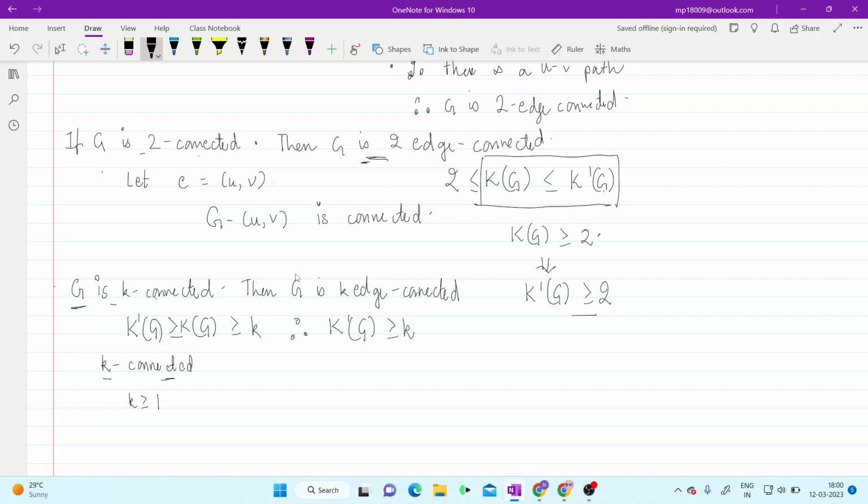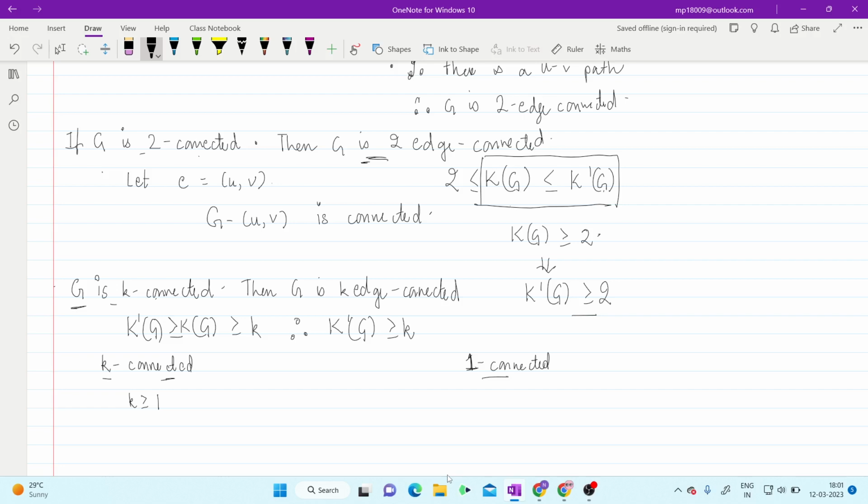Okay. So see, one connectedness just means that G is connected. One connected means G is connected. So what will be the definition of one connected? Removal of zero vertices should not disconnect the graph. Is there a one edge connected graph?